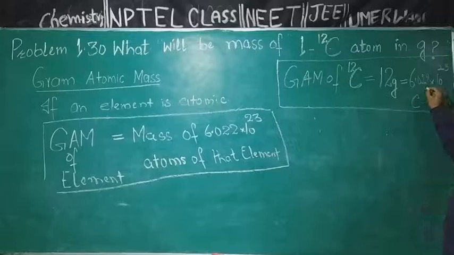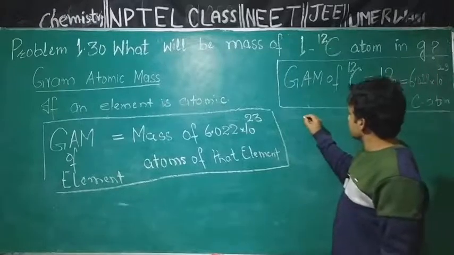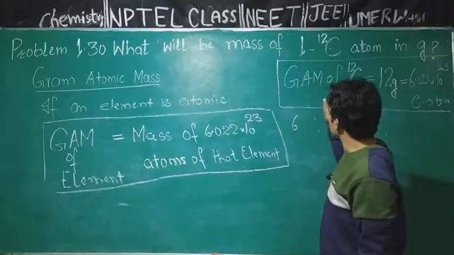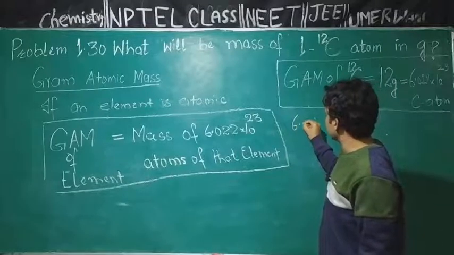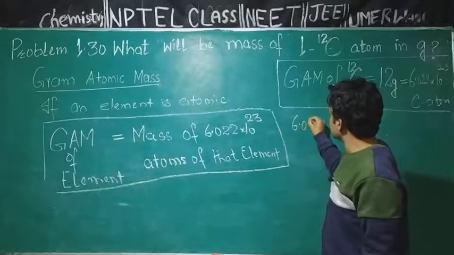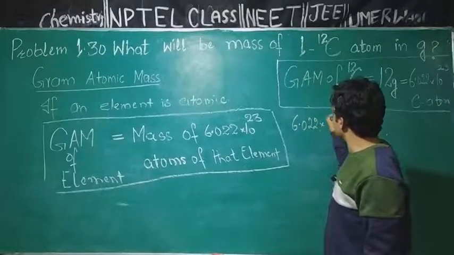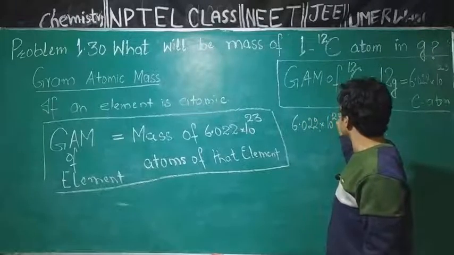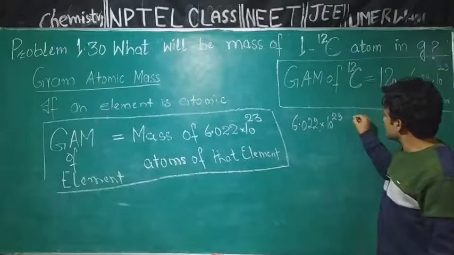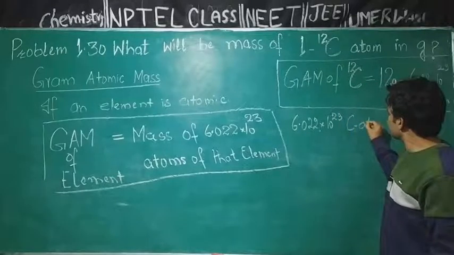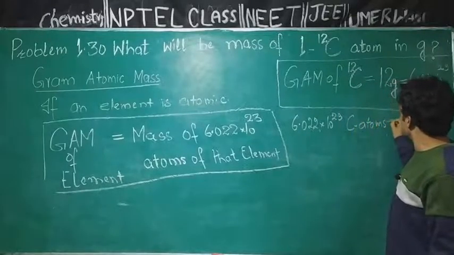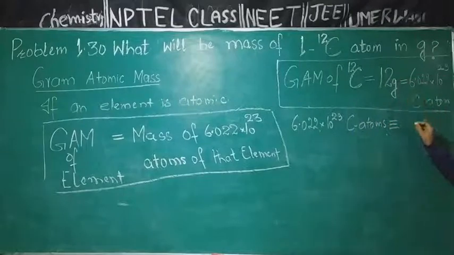I will use this information to solve this problem applying the unitary method. From the above information, I can write that 6.022 into 10 raised to power 23 carbon atoms weigh how many grams? They weigh 12 grams.